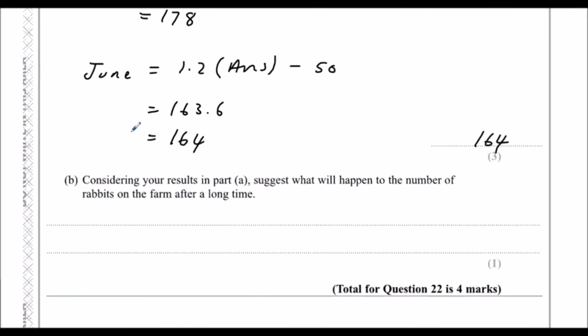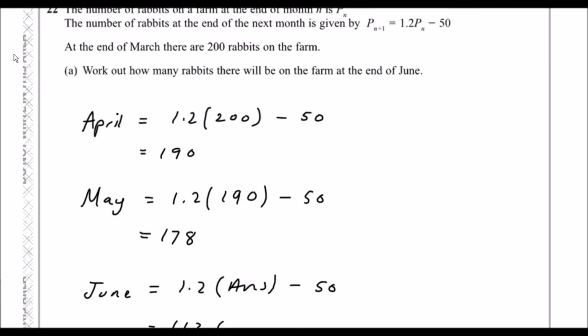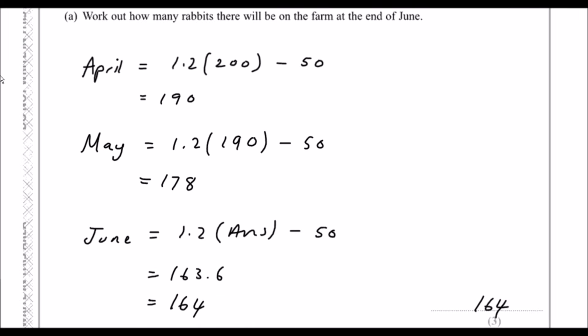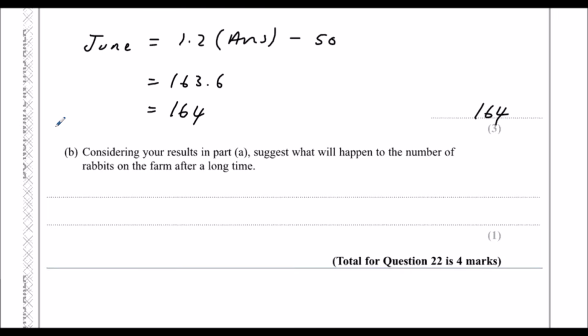Considering your results in part A, suggest what will happen to the number of rabbits on the farm after a long time. So we can see the number of rabbits started at 200 and it's going down. So what's going to happen to the number of rabbits? It's going to keep declining and eventually there'll be no rabbits.